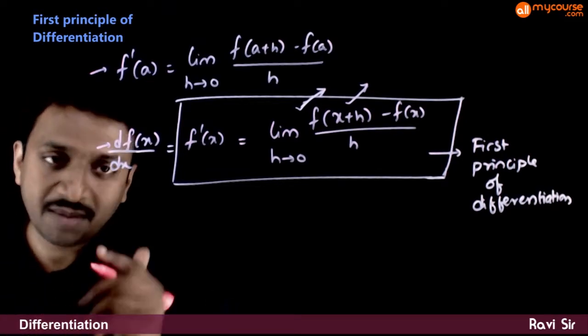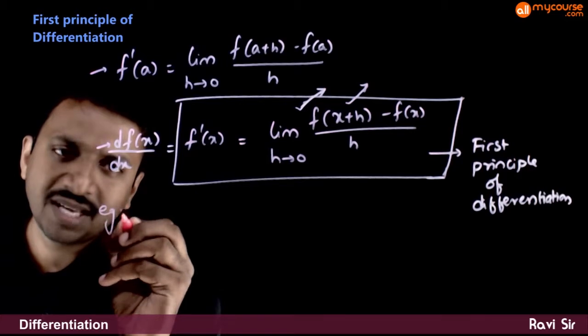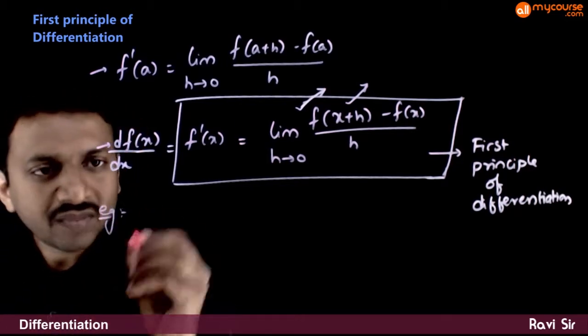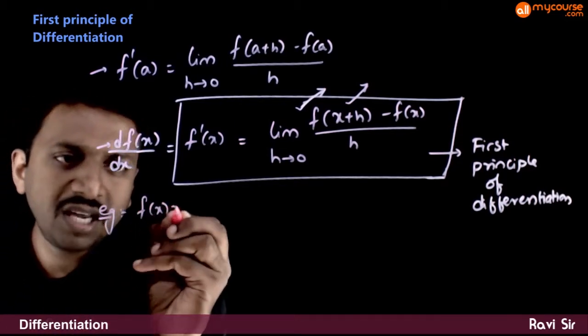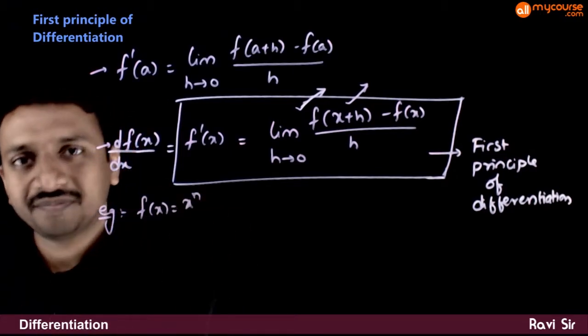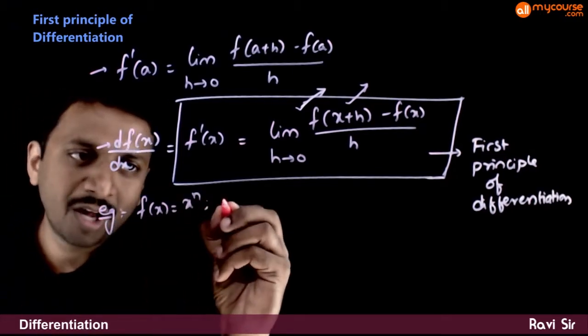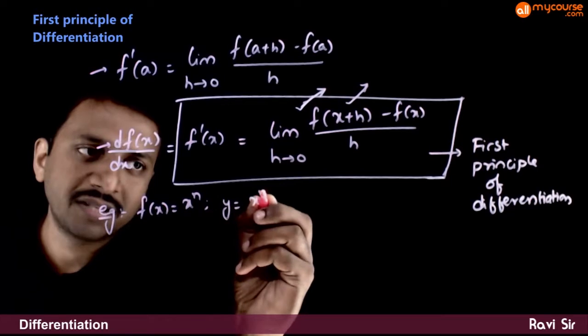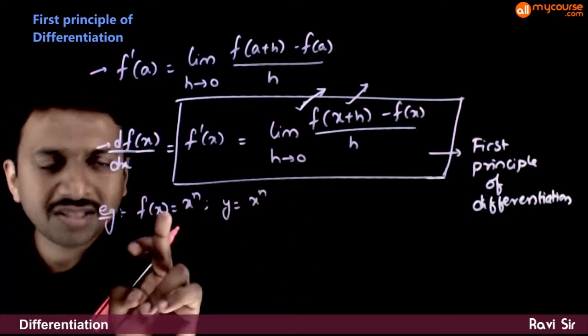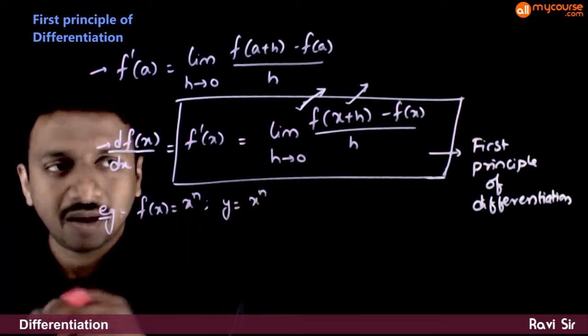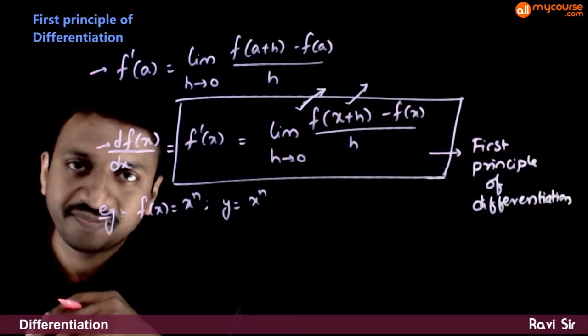So let us take some examples. Let us take a very simple example. So let f of x is equal to x to the power n, or this can also be written as y is equal to x to the power n. So what is the differentiation of this function, or what is dy by dx?